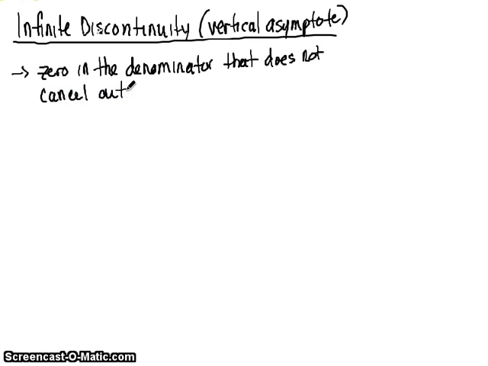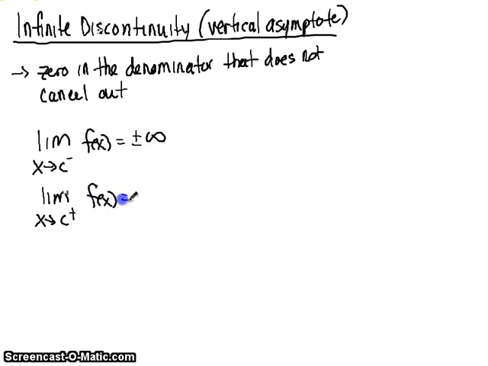So that doesn't change from pre-cal. If you are thinking about your calculus, this would be the limit as x approaches c from the left of f of x is going to be equal to positive or negative infinity. The limit as x approaches c from the right of f of x would also equal positive or negative infinity. They don't have to be the same. They could, but they don't have to.